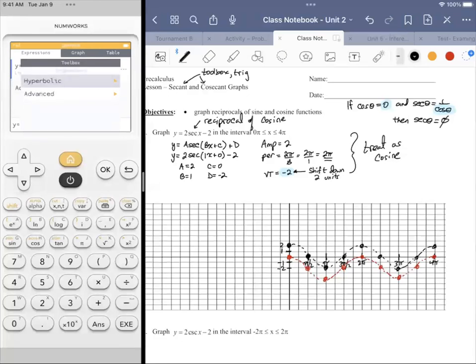Then you're going to go to advanced. And you'll see the functions there. So I want secant. I'm going to put an x in there. And then outside the parentheses, I'm going to put a -2. And that'll be my secant function.